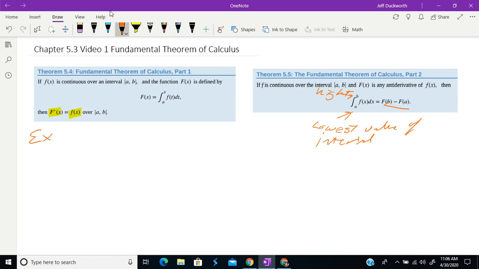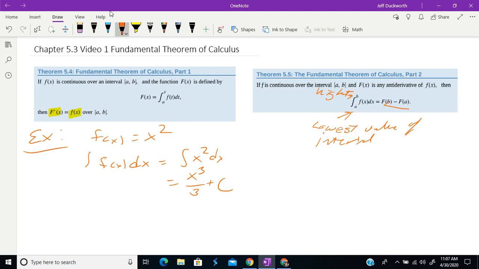So just make an example of a function that we know, say f of x equals x squared. That means, if we take the antiderivative of f of x, that's the integral of x squared dx, which is x cubed over 3 plus c.